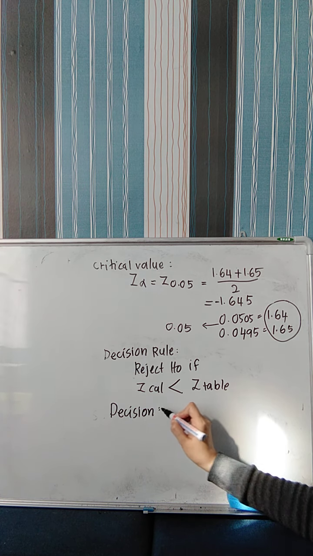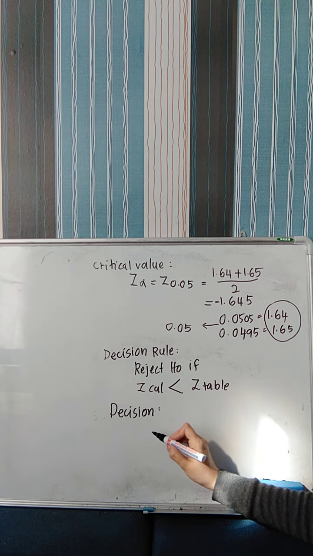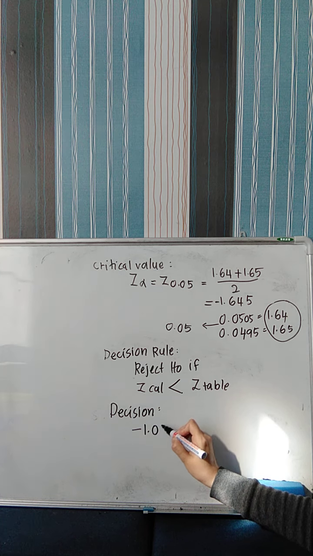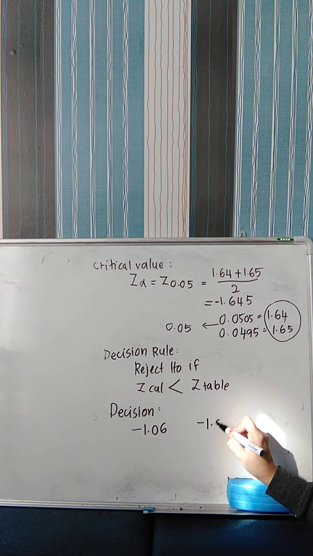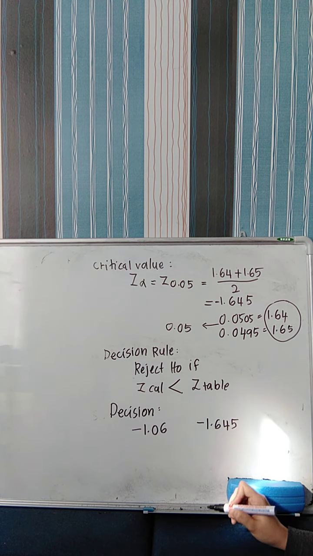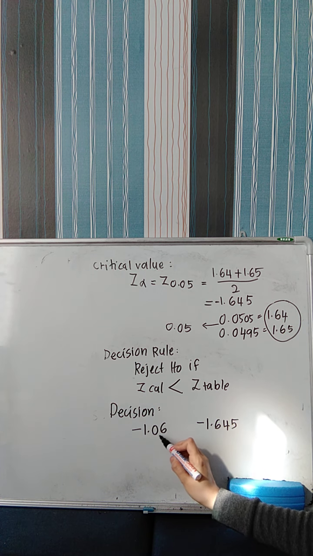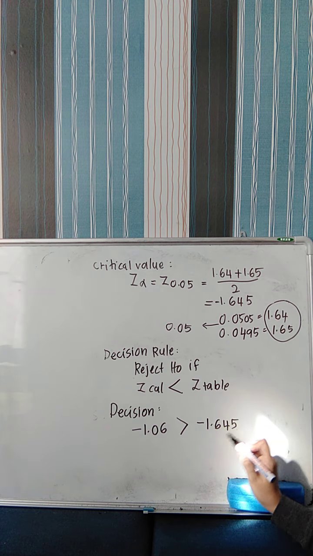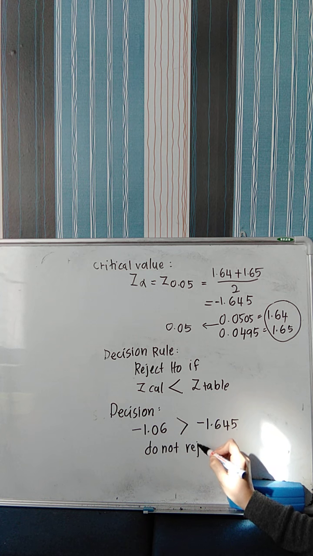Decision means you compare the value of the test statistic and the critical value. The Z calculate from the test statistic is negative 1.06, and from the Z table the critical value is negative 1.645. Compare the values. Is it more than or less than? Negative 1.06 is more than negative 1.645, so do not reject, because it's more than. Do not reject H null.